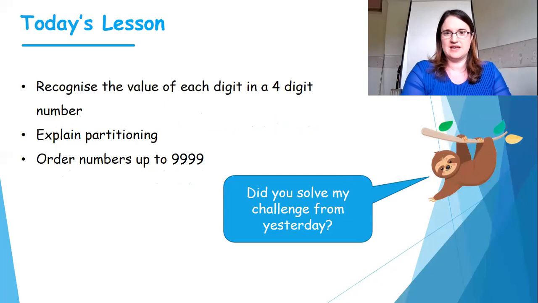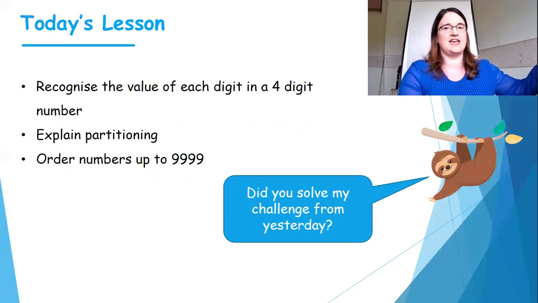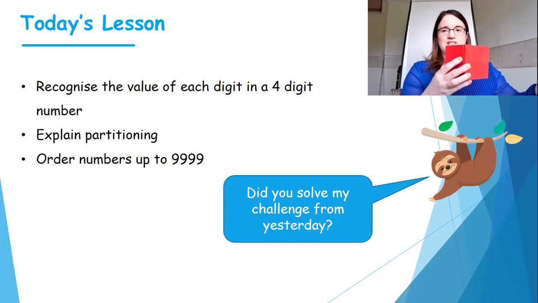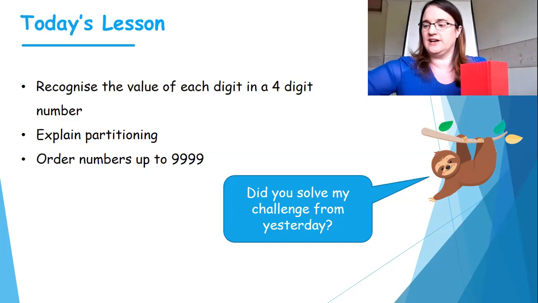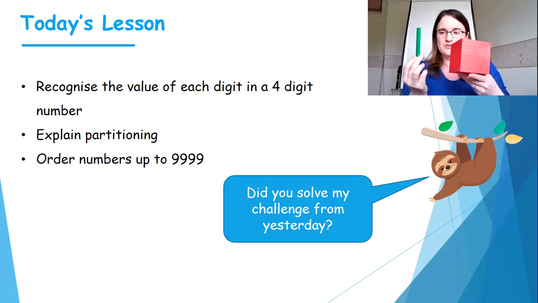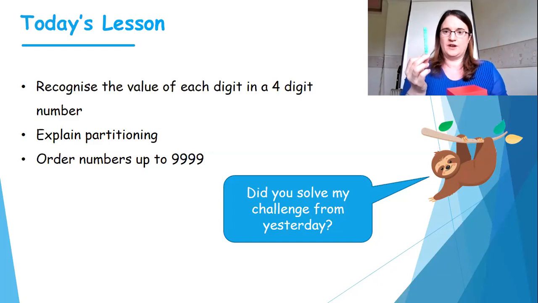Did you solve the challenge from yesterday? So at the end of yesterday, he asked you, if this is 1,000, what does 10,000 look like? So 10,000 would look a little bit similar to one of these, which is a 10, but it would be made of 1,000 cubes rather than being made of 1 cube. So this is made of 10 1 cubes.